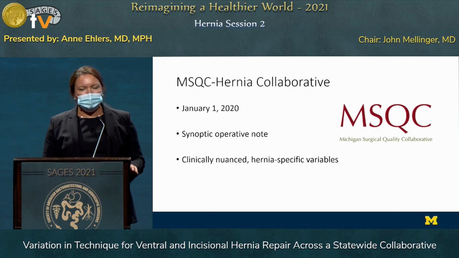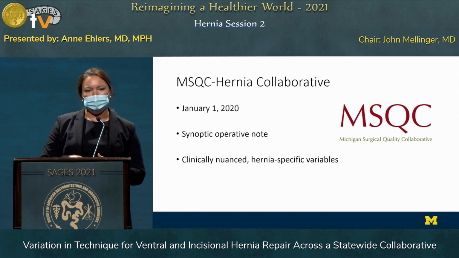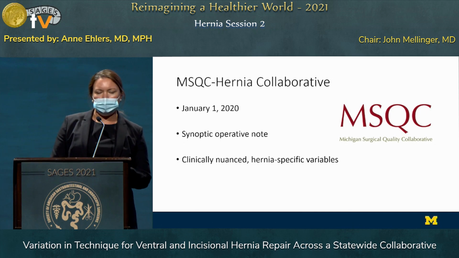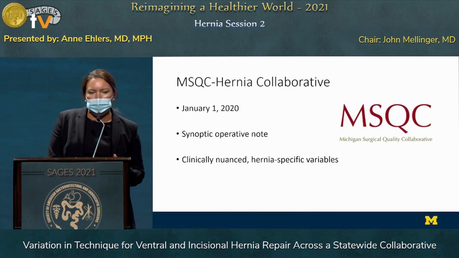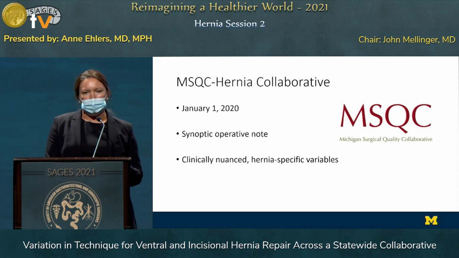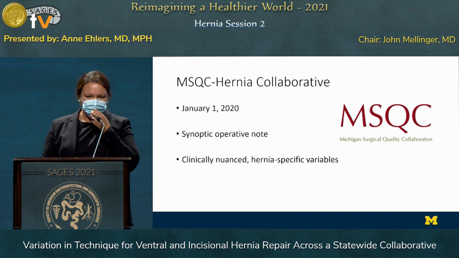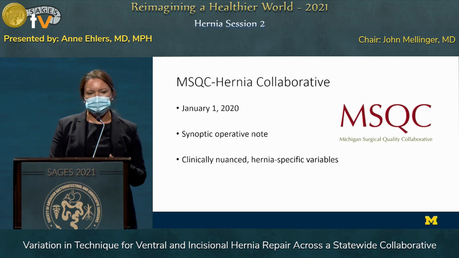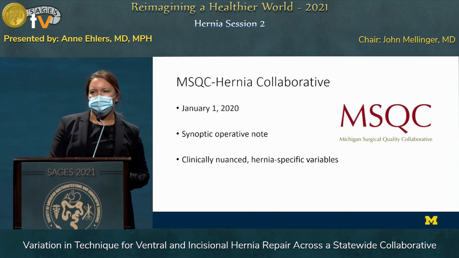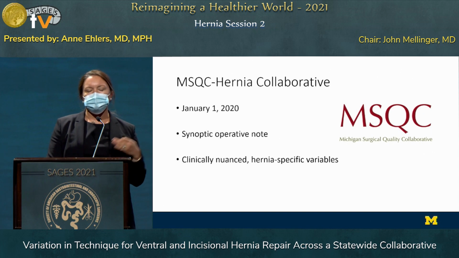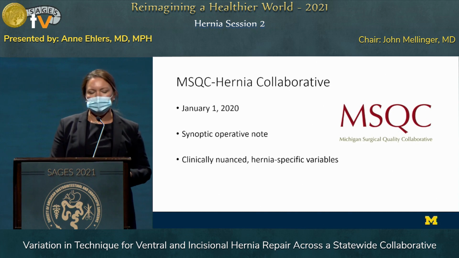But in January of 2020, just over about a year and a half ago, a whole new section was added, which we're calling the MSQC Hernia Collaborative. Basically, we introduced a synoptic operative note to start collecting this data, and then had abstractors collect all of these clinically nuanced hernia-specific variables, to allow us to develop the very granular data that we would need to answer some of these questions.